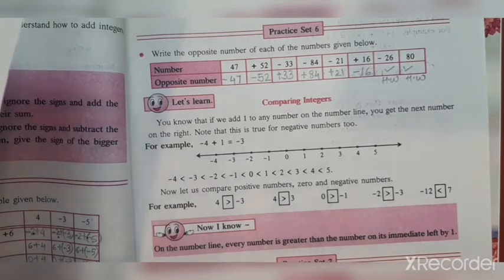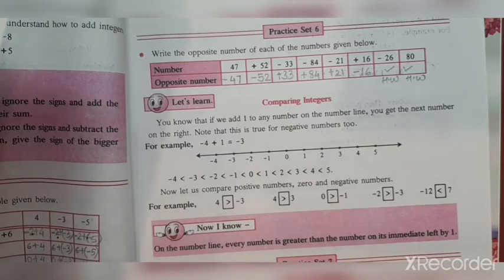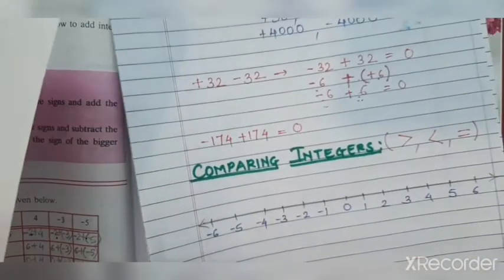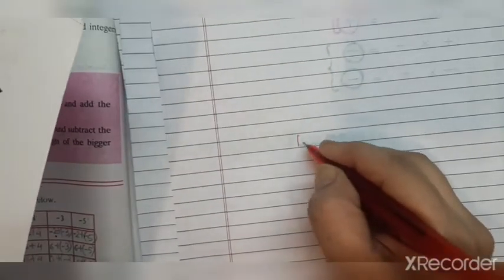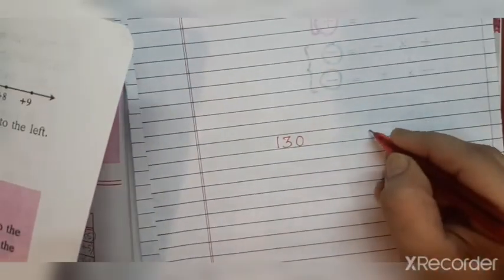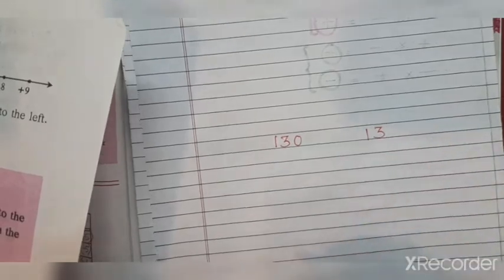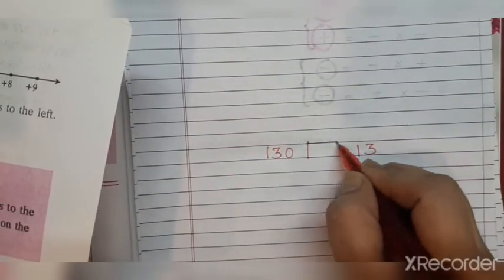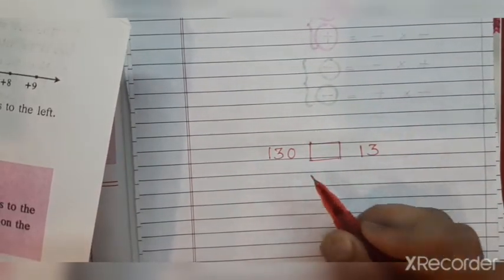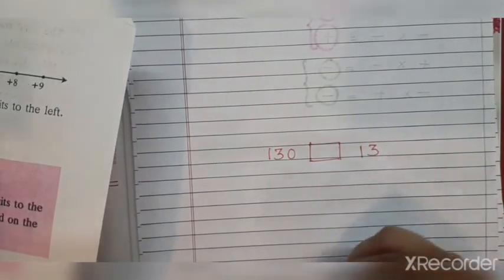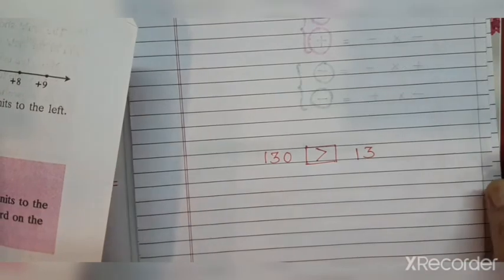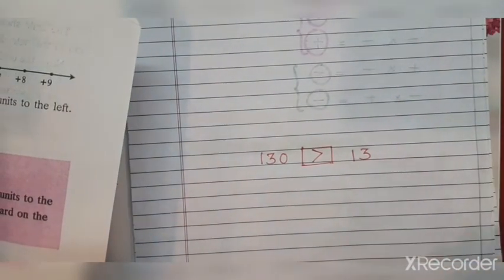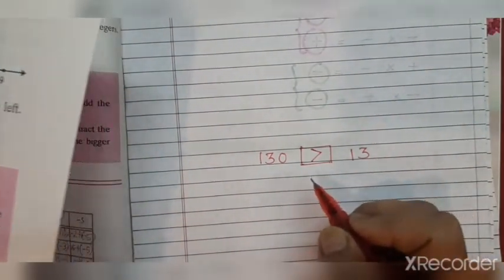If I give you a very simple pair, like 130 and 13, we know that 130 is the greater number and 13 is the smaller number, and we simply put this symbol. So it is easier for us to solve this comparison.